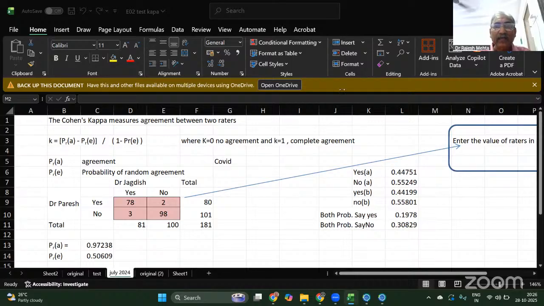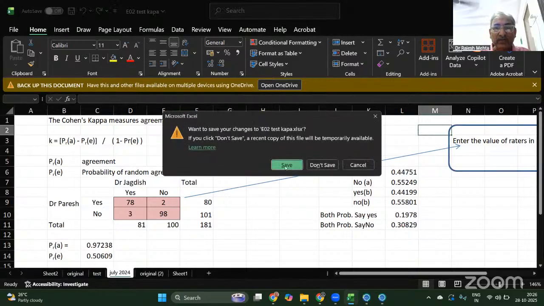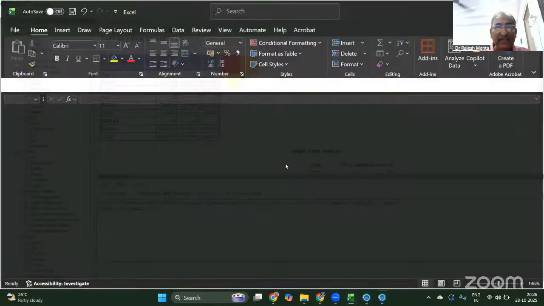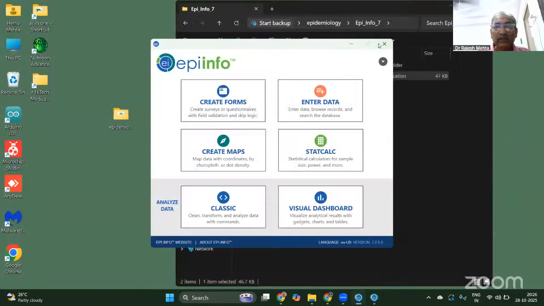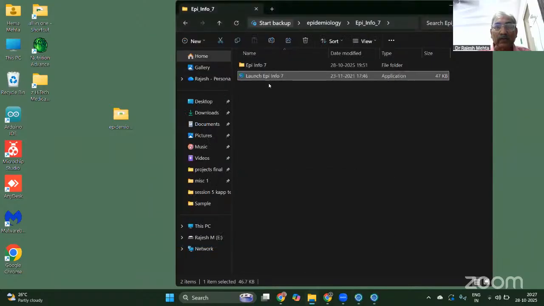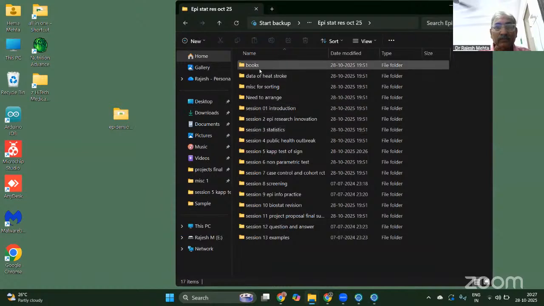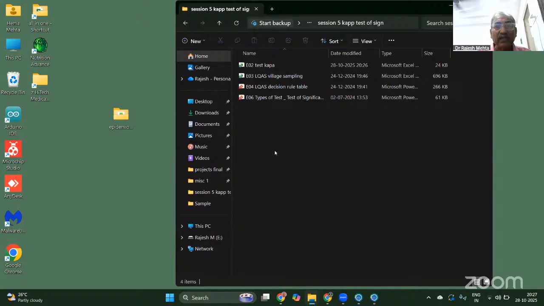Now we go for LQAS. This file is given to you and you can use it. The name of the file is kappa test kappa E02.